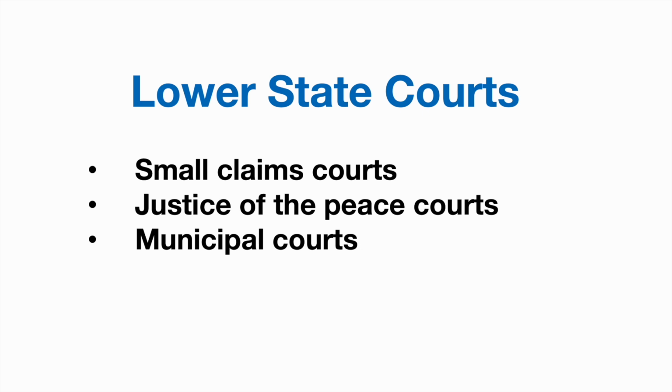If people are suing about a dispute that involves more money than whatever is appropriate for the local small claims court, they will have to go to what a lot of people call the regular court, which is the trial court for that jurisdiction, usually the county court.